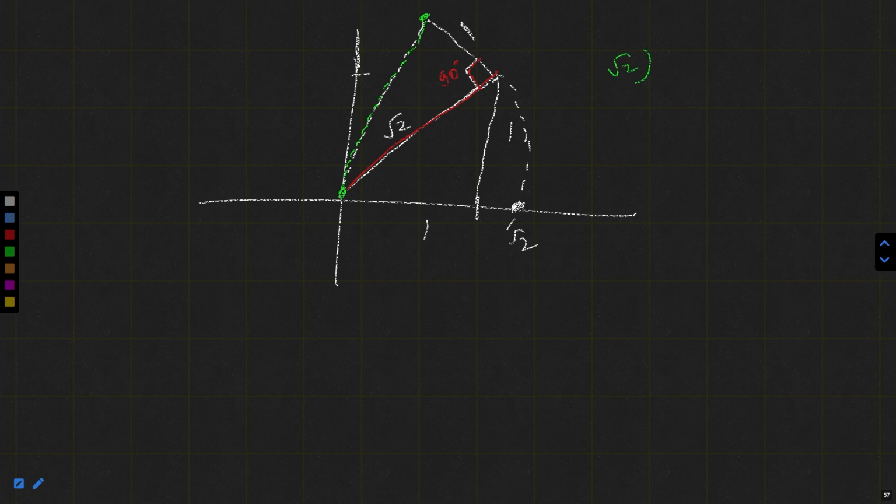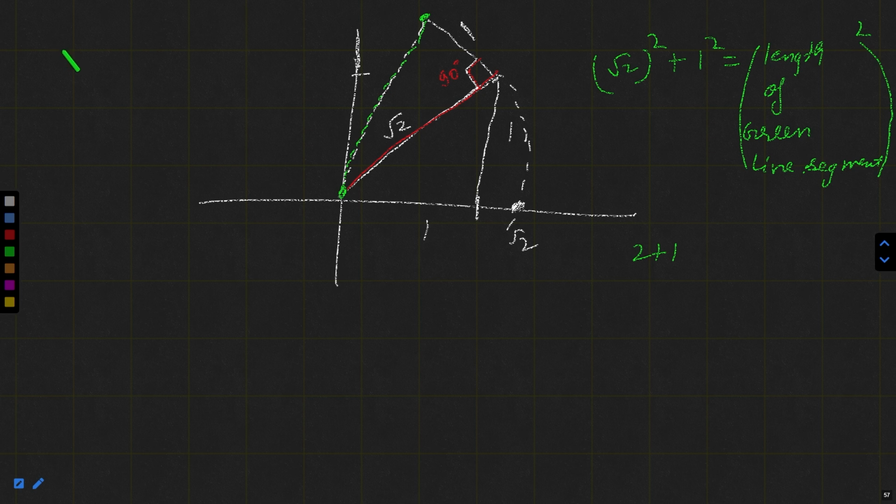We know root 2 square plus 1 square is equal to the length of the green line segment square, which is 2 plus 1.